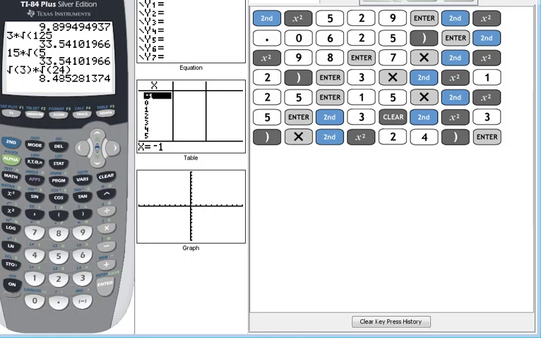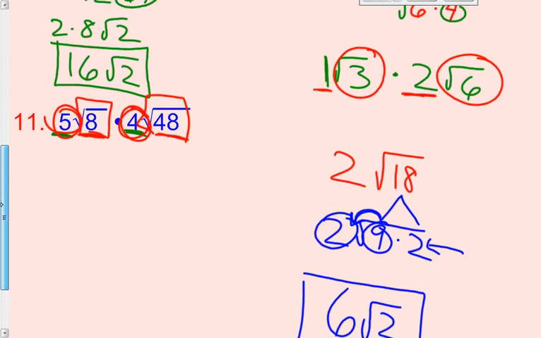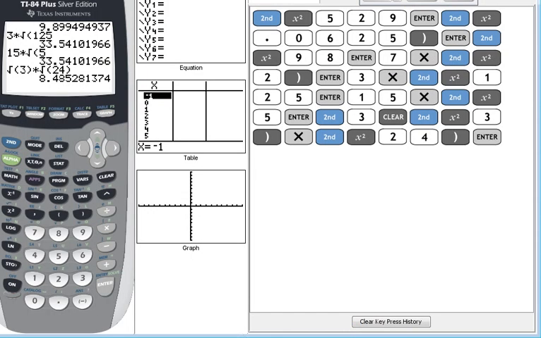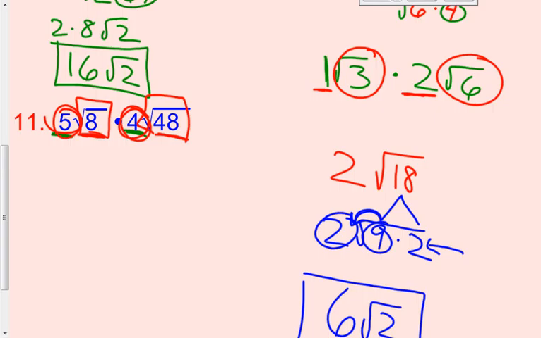And when we simplified it, we said that 6 square root 2 is the exact same number. 6 times the square root of 2. That number is, hopefully it's 8.485 if we did it correctly. And the answer is, bam, 8.485. So we know with 100% certainty that we did it right, and it's a wonderful feeling.